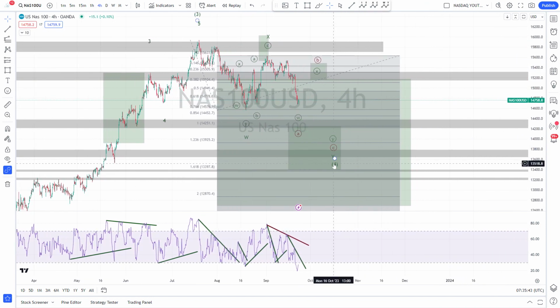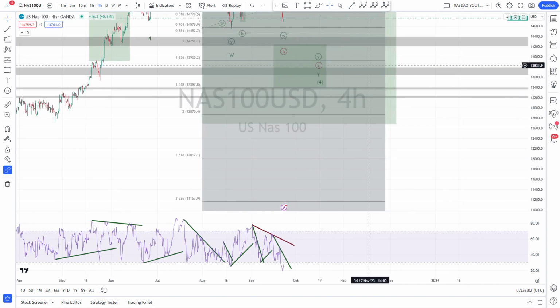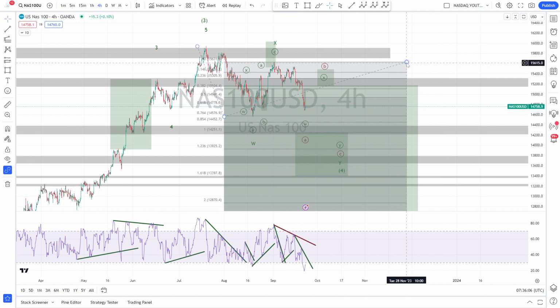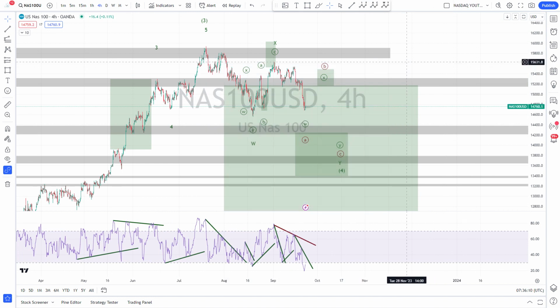Then it would be again WXY, but this was only the first leg of the W. Then we have again a wave X in 3, 1, 2, 3, and then again 3 down, 1, 2, 3. As you can see, we actually still have space for a wave 4. So this is something that can happen, but for now, I would not concentrate on this.